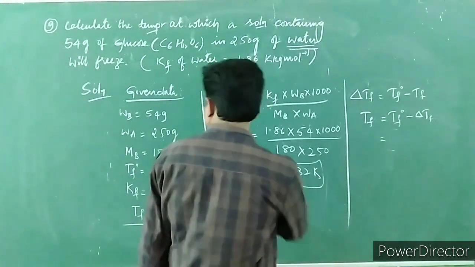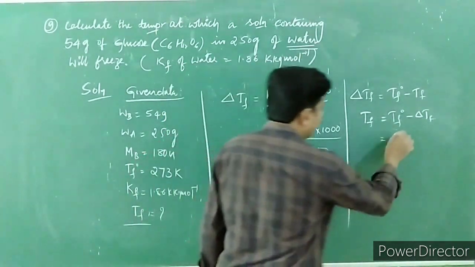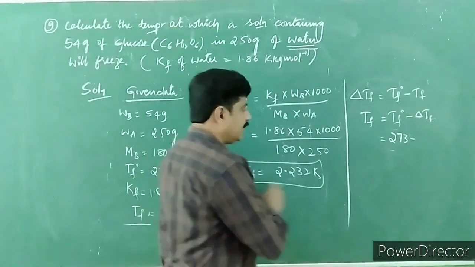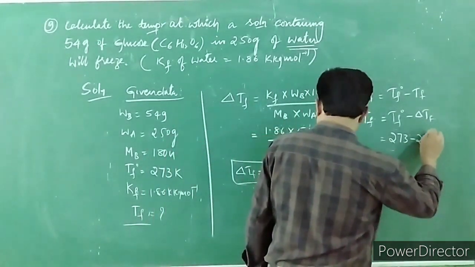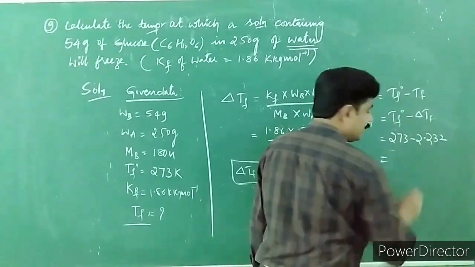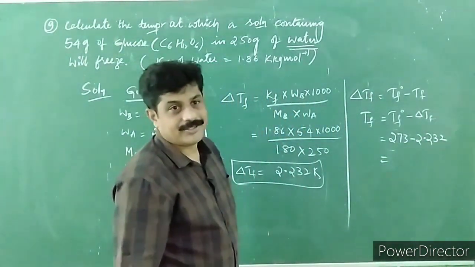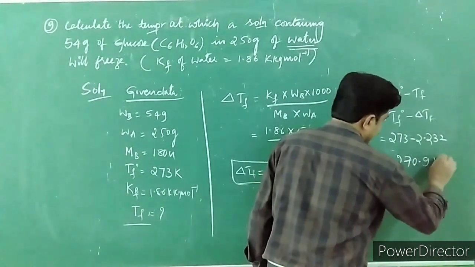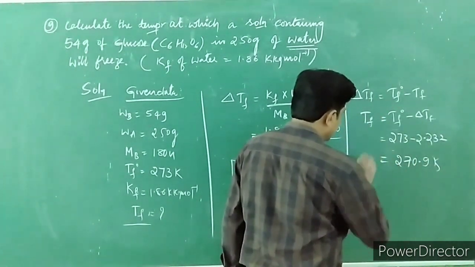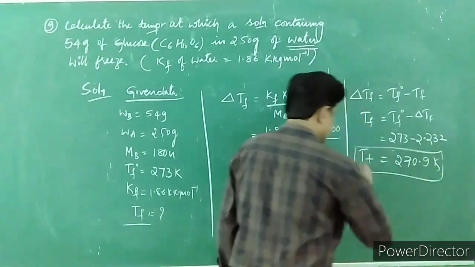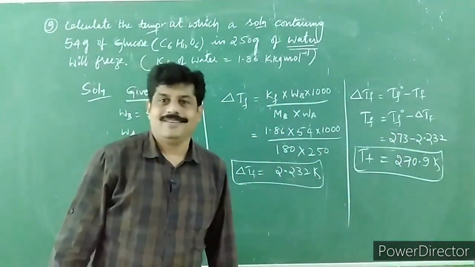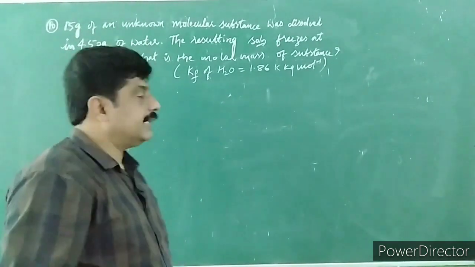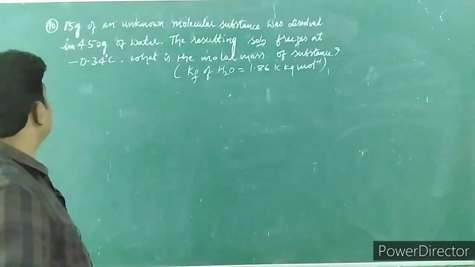It is 273 Kelvin, freezing point of water. And delta Tf is how much here? 2.232 Kelvin. If you subtract this, you are going to get, children, 270.9 Kelvin. This is Tf. What is Tf here? Freezing point of solution.